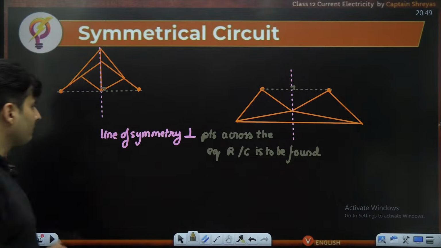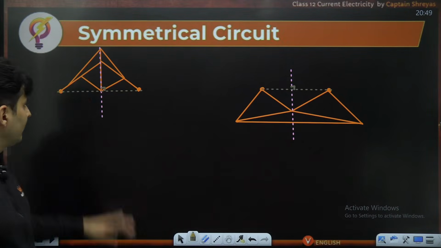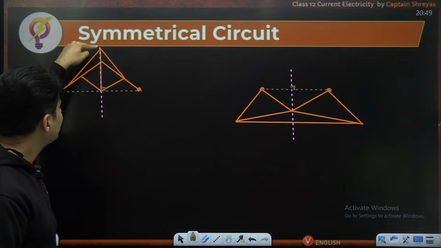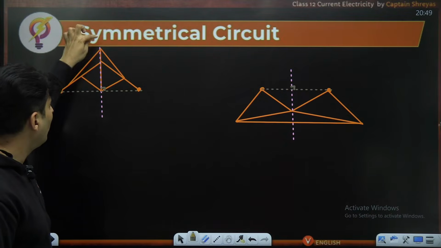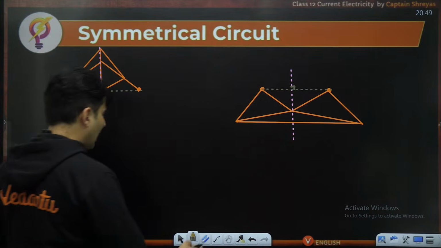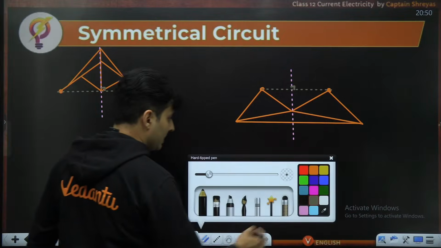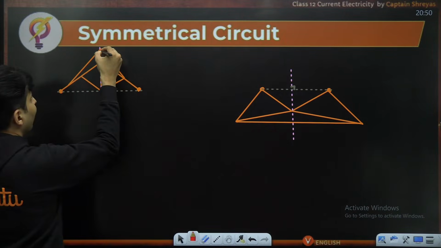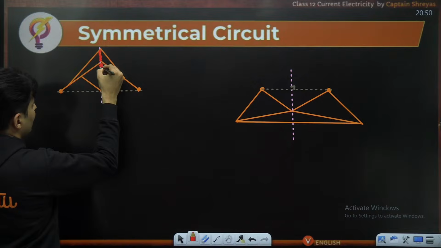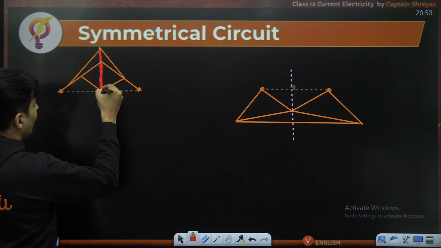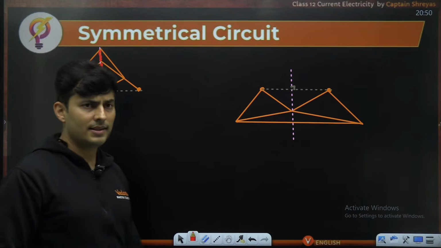Once that is done, see if there are some components on that line of symmetry. As you can very easily see over here, I can see one component here and another resistor or capacitor or whatever is there over here. It could be a wire, resistor, anything.